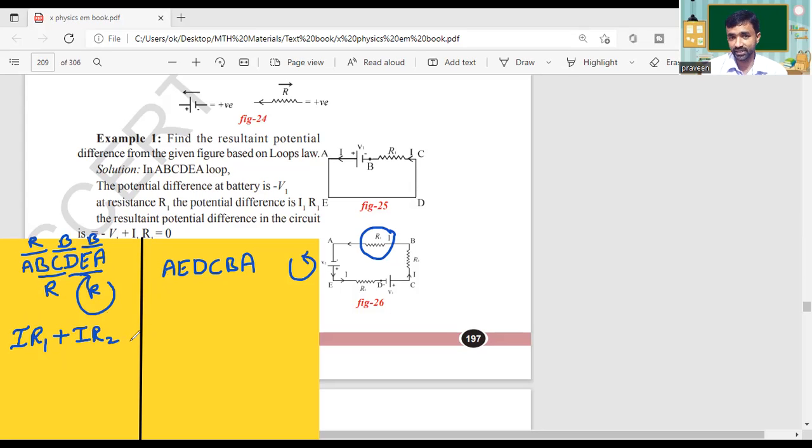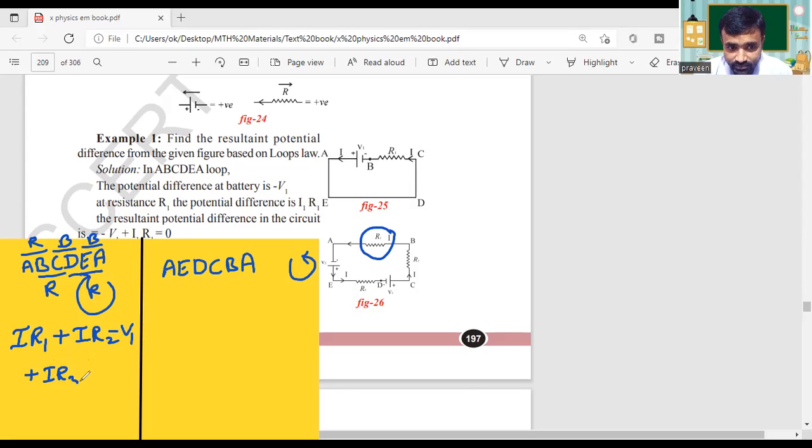Next C to D, I have a battery. Positive terminal to negative terminal I am moving, so a negative sign will be assigned for the voltage, that is V1. Next D to E, through a resistor opposite to the direction, taken to be positive. Then the product of current and resistance, IR3.